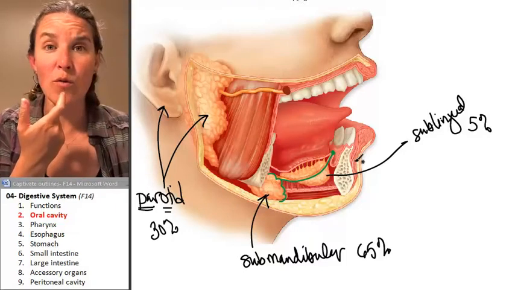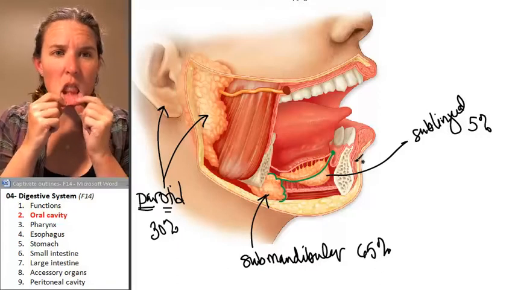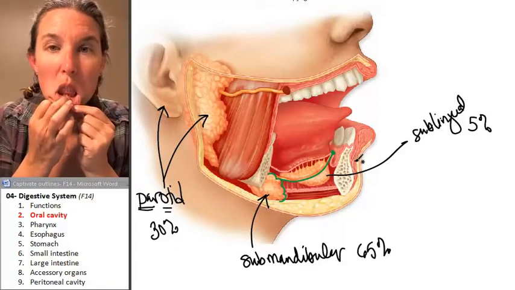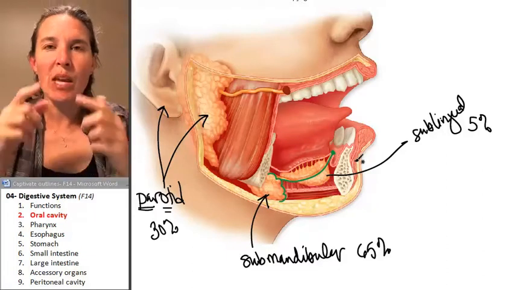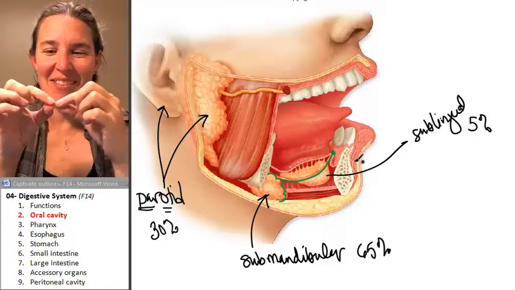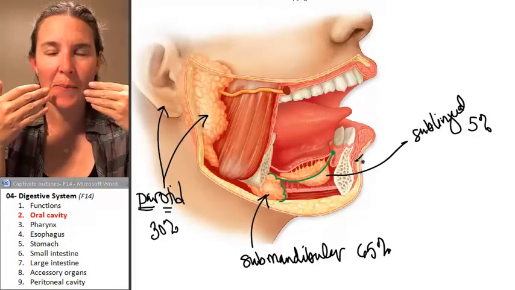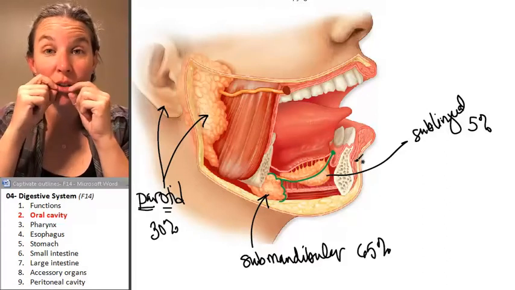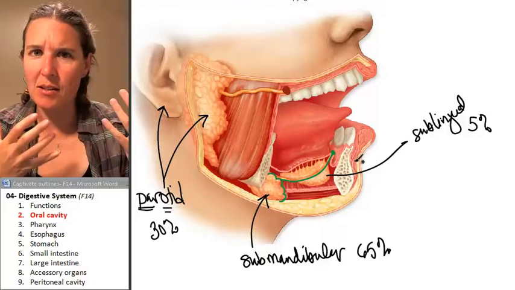The lingual frenulum. You have the labial frenulum, which I think you can see right there. There's my labial frenulum. See that tiny little, dude, I need a pointer. It's like that. You can feel it. It's that little skin thing that connects your lip to your gums. That's your labial frenulum because these are actually your labia of your face.